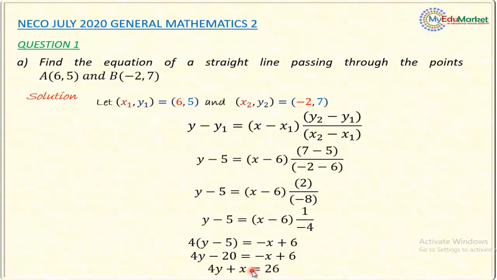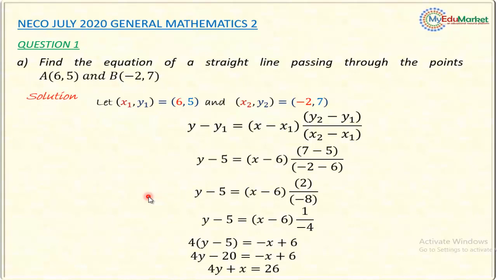So this is the equation of this line that passes through A and B, where the coordinate of A is 6, 5 and the coordinate of B is minus 2, 7. So with that, I have answered this question.